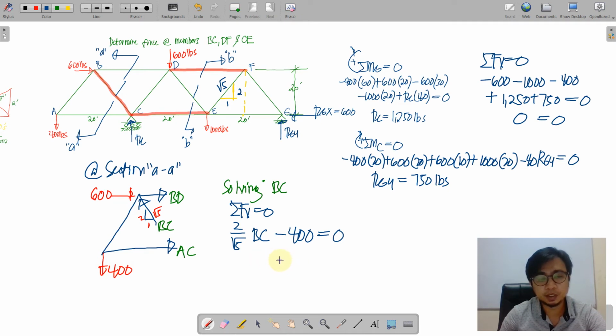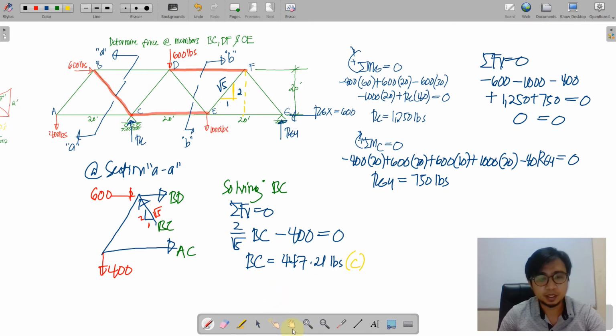Computing this, we have BC yielding a positive value, which is 447.21 pounds. If it is a positive value, therefore we have correctly assumed the direction for BC. It was assumed to be a compression, therefore this is really in compression. So we're going to place that on BC.